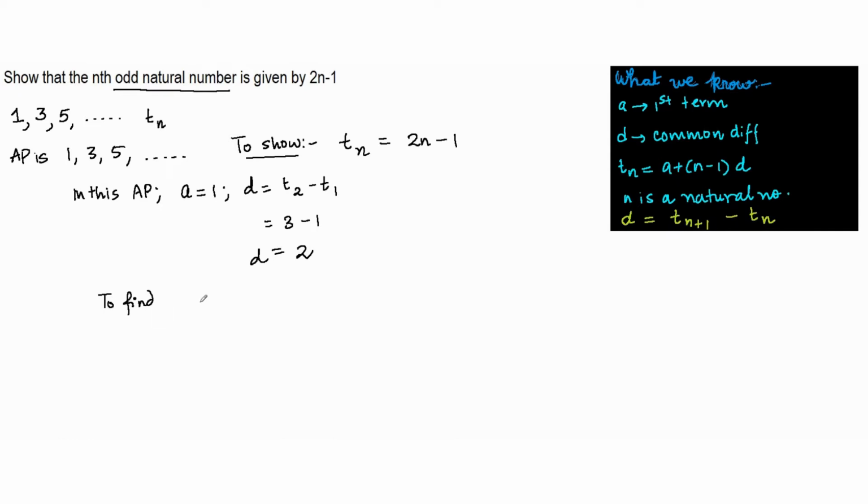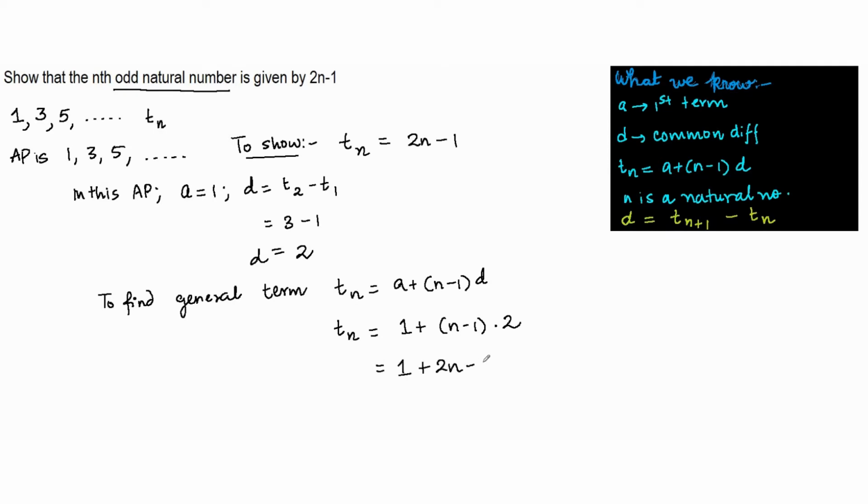So to find the general term, I can say that the general term Tn is given by A plus n minus 1 times D. And therefore the nth term is A, which is 1 here, plus n minus 1 times D, which is 2, right? And therefore the nth term is going to be 1 plus 2n minus 2 when I open the brackets, and that equals 2n minus 1.